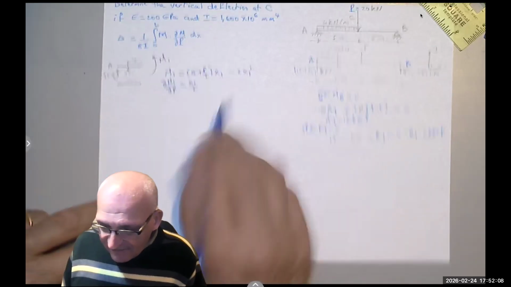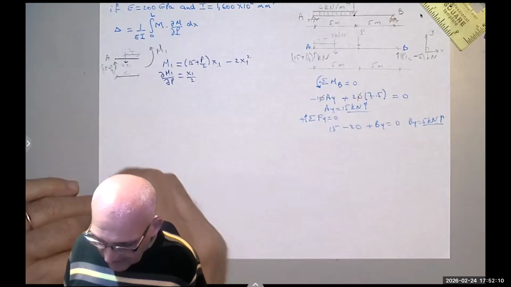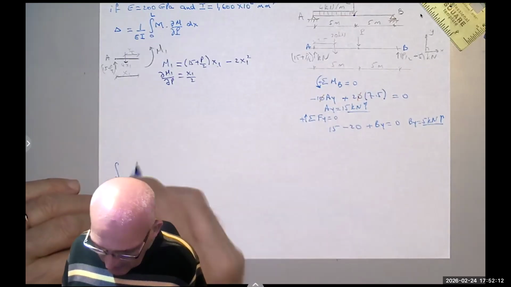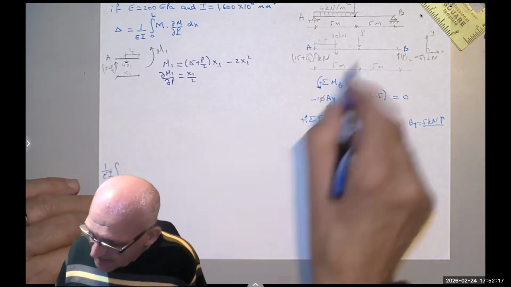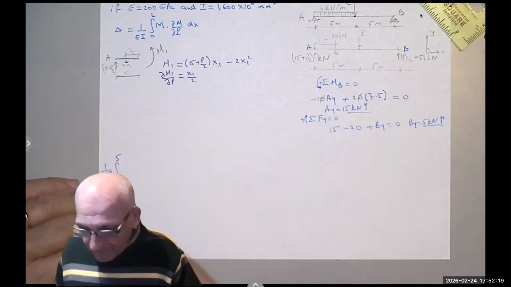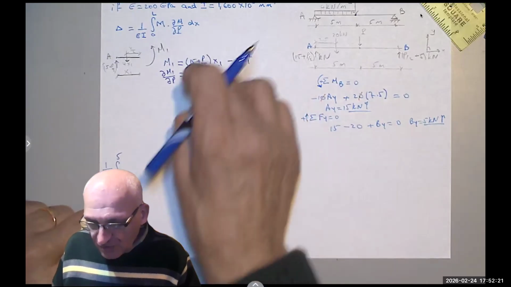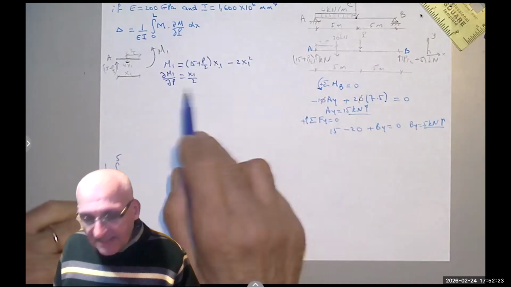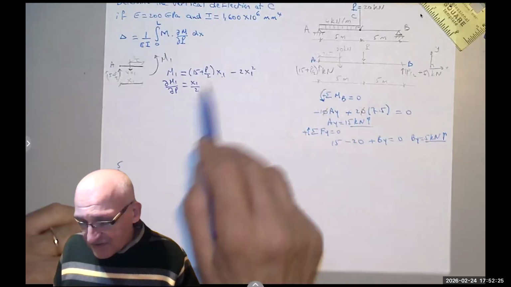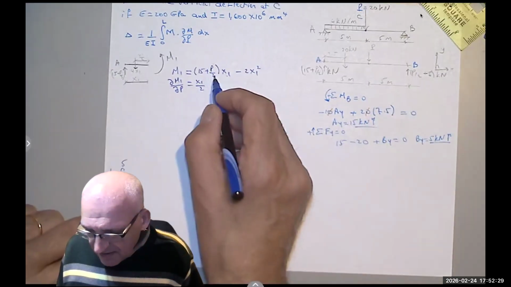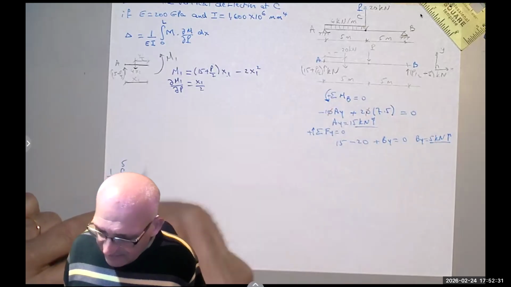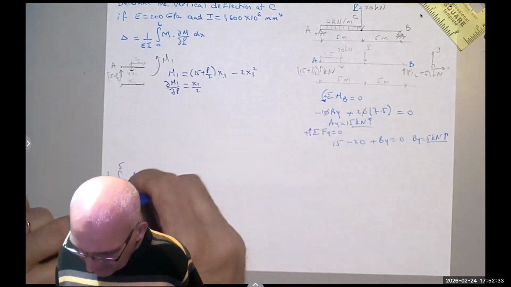So the first half of the integration, let me write it down here. The integral, first of all, 1 over EI, integral from 0 to 5. I'm going to multiply these two together. But since I already took the partial derivative, there is no reason to use p. Just call it 20. 20 over 2 is 10 plus 15 is 25.